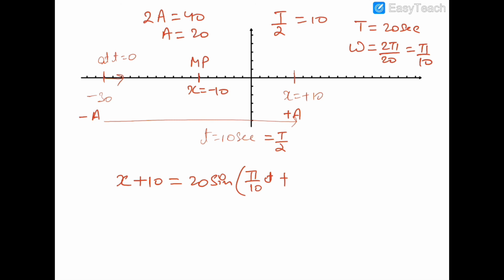Now initially it is given that the particle was situated at minus 30, which is the negative extreme, and therefore the phase of this position is 3 pi by 2. So the initial phase is 3 pi by 2, and this is the final equation of this SHM.